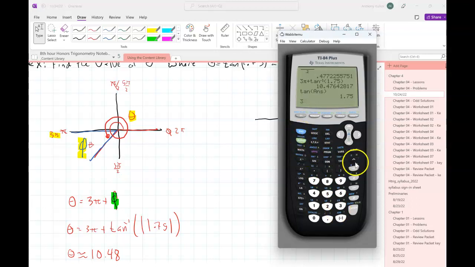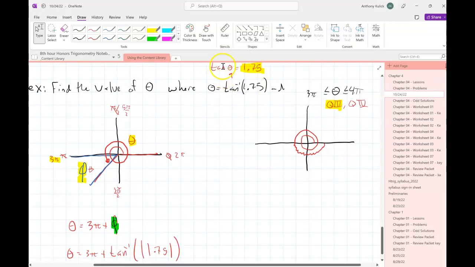So 3 pi is certainly smaller than that, and 4 pi is definitely bigger than that. I'm satisfied that I have the correct answer here. Everybody agree that it meets the criteria of the problem? Because tangent of that angle does give us 175, and that angle does lie in between 3 pi and 4 pi.